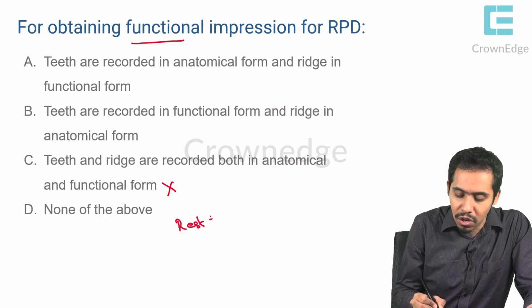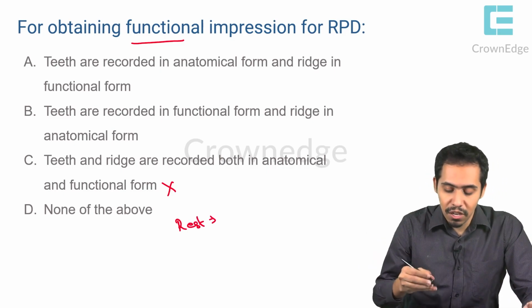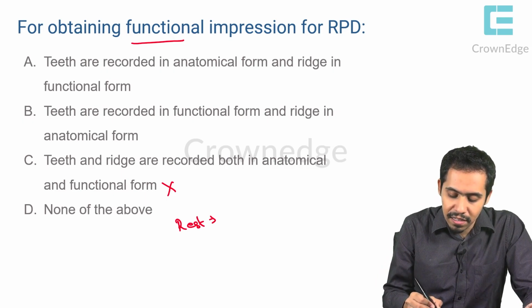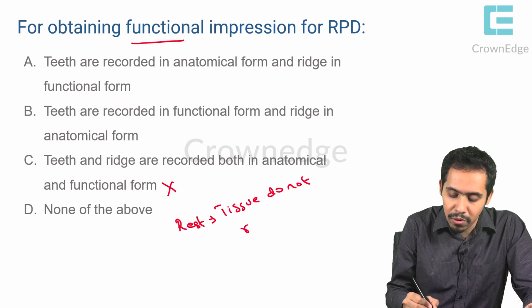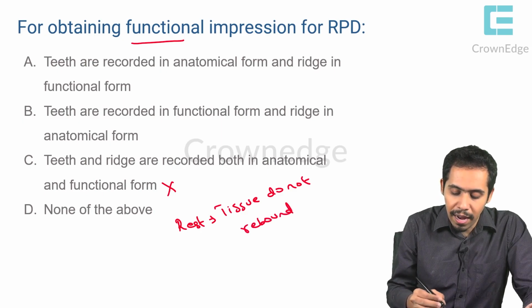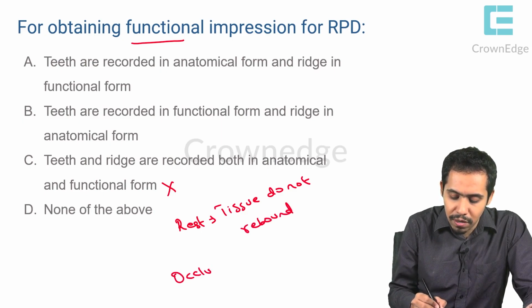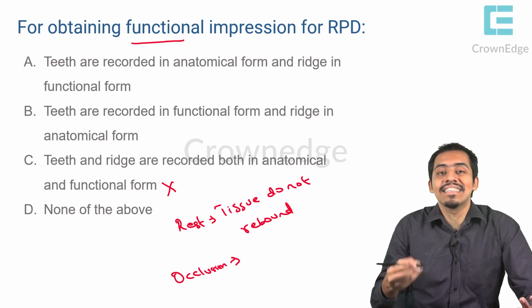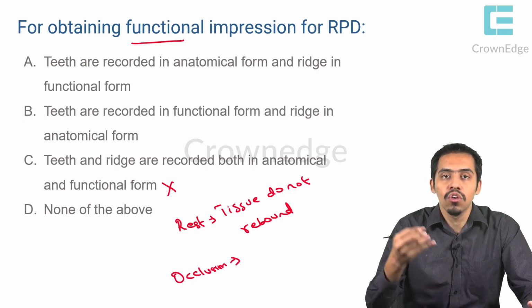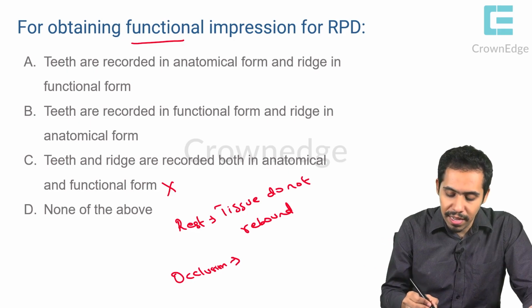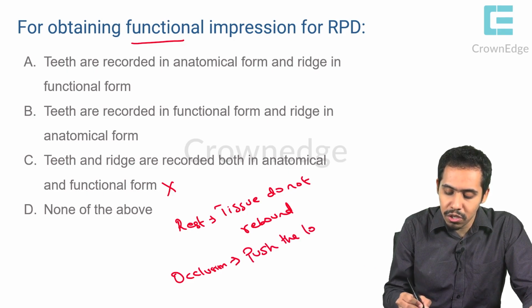During the procedure of rest, you want to make sure that the tissues do not rebound. And during the process of occlusion, that is when load is exerted on the tissues, you want to make sure that they can withstand the stresses and push the load towards your bone.